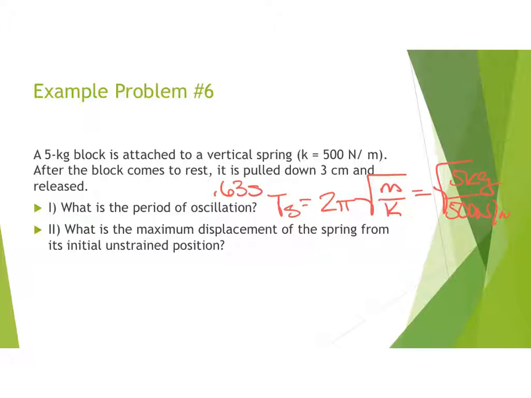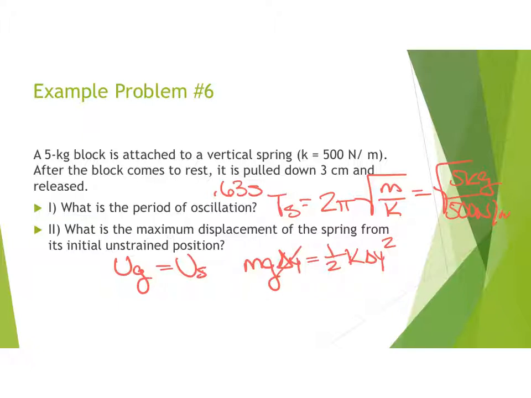B, what is the maximum displacement of the spring from its initial unstrained position? All right, I'm going to start this one the same way I started the example problem number 5. I've got my potential energy of gravity, and I'm going to set it equal to my spring. So I'm going to do mg change in y equals the potential energy of my spring, 1/2 k change in y squared. Remember, this would normally look like x squared on our laminated sheet, but I'm in the vertical here.